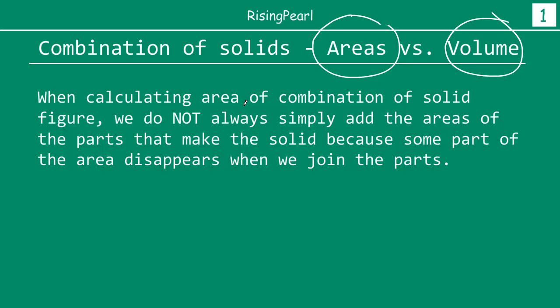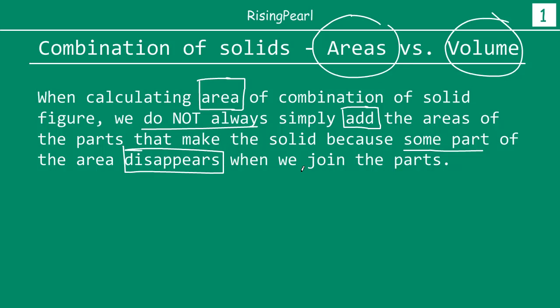When calculating area of a combination of solids, we do not always add the areas of the parts that make up the solid. Why? Because some parts may disappear when we join the parts together. Very, very important, friends.